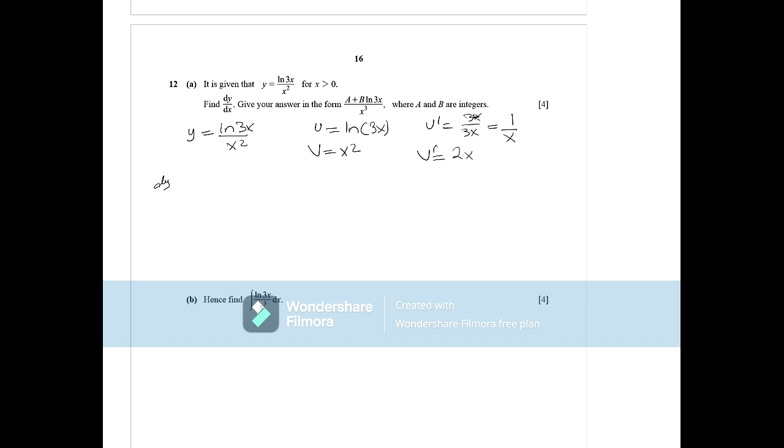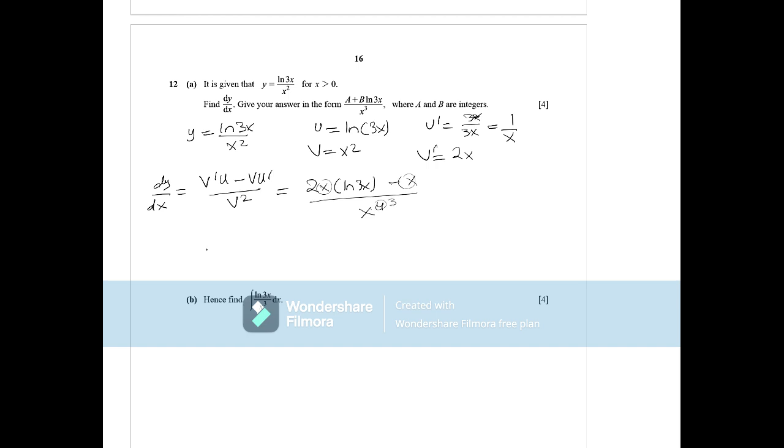So dy by dx using the quotient rule should give you (v u prime minus u v prime) over v squared, which should give you (x squared times 1 over x minus 2x ln(3x)) over x to the 4. The x's cancel out, and you're left with x cubed.